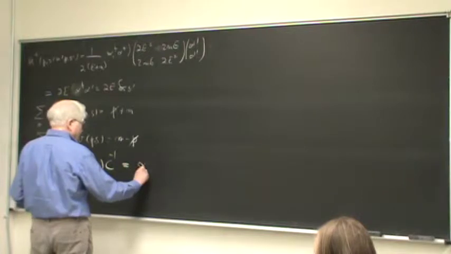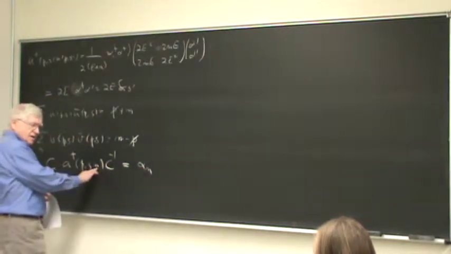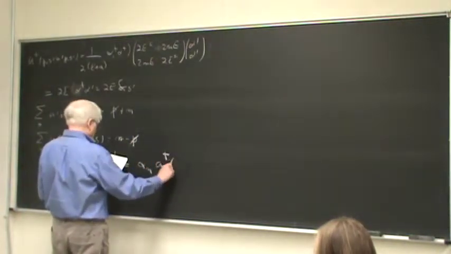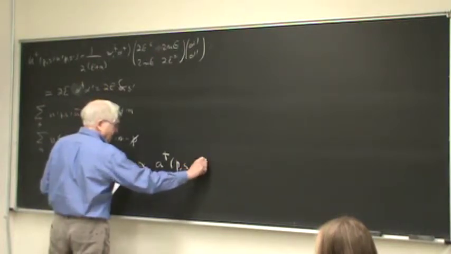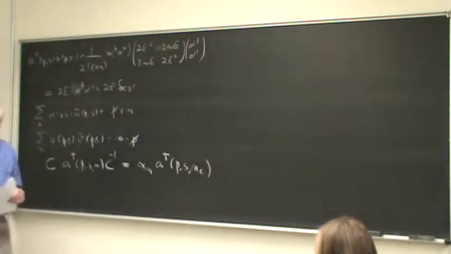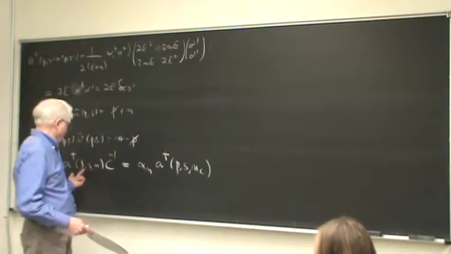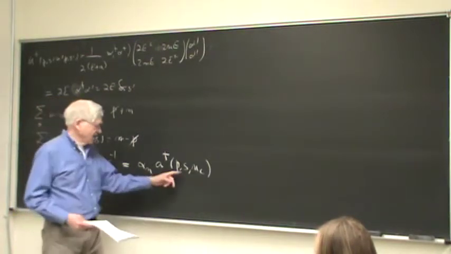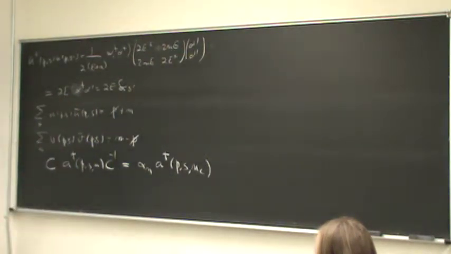So what this will be is some phase alpha sub n times the creation operator, same momentum, same spin, but now it's the creation operator for the conjugate particle. So that's, of course, exactly what we mean by charge conjugation. And the problem with Schwartz's spinors is that he winds up flipping the spin, and that's just not right.